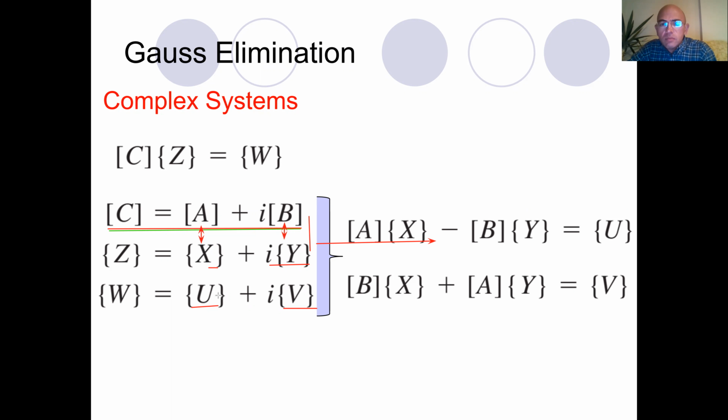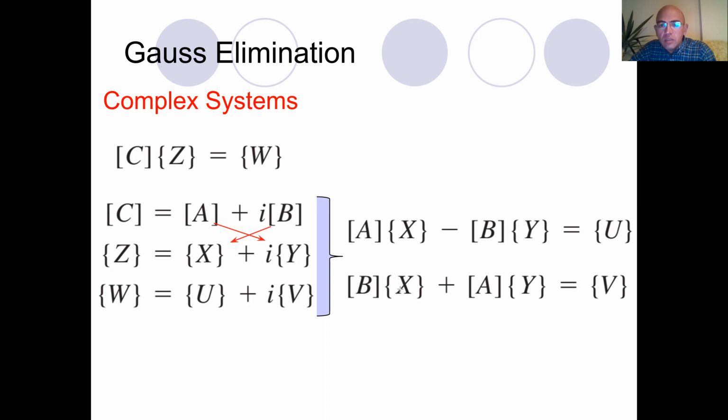What else? Now let's look at the complex part. In case of a complex part, I multiply I with IY. So it is A multiplied by Y, and then B multiplied with X. And this will form the imaginary part.